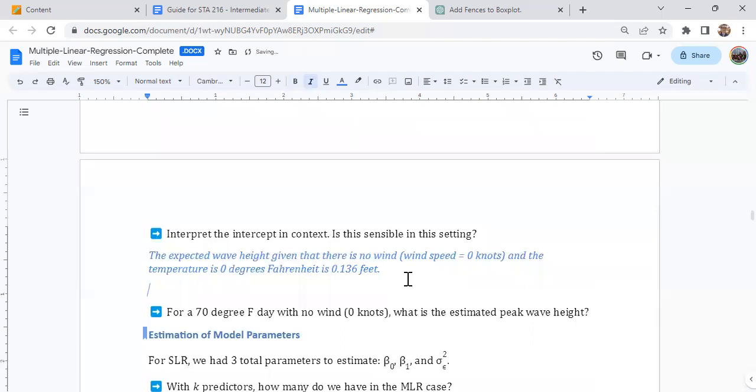So is this appropriate or sensible in this setting? The wind speed's okay, right? But why is the temperature problematic? It would be frozen. Knowing what we know about the lake, you don't really need a predictive model to say what the waves are going to look like if it's 0 Fahrenheit.